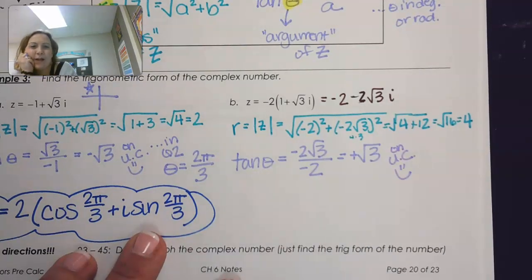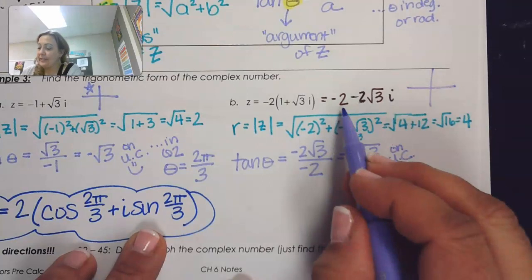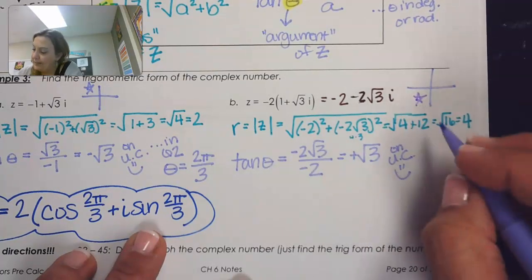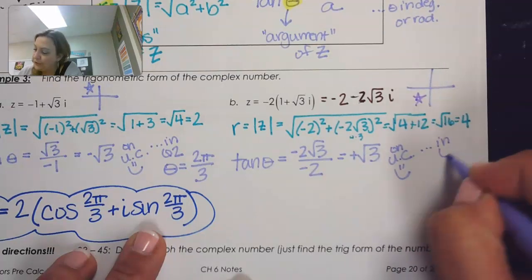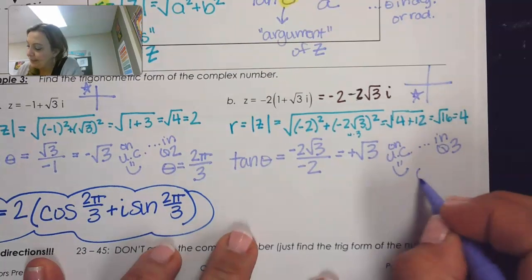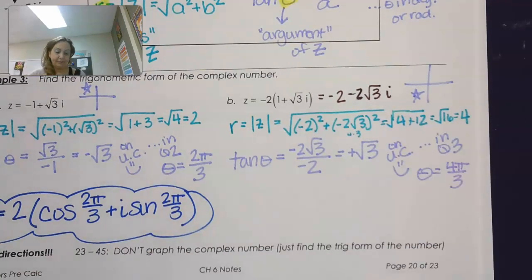But we want to know what quadrant it's in, because tangent could be +√3 in either quadrant 1 or 3. And if we think about where this is going to land, -2, -2√3, this is going to be in quadrant 3. So again, we want the tall triangle family in quadrant 3, so that means that my theta is going to be 4π/3.